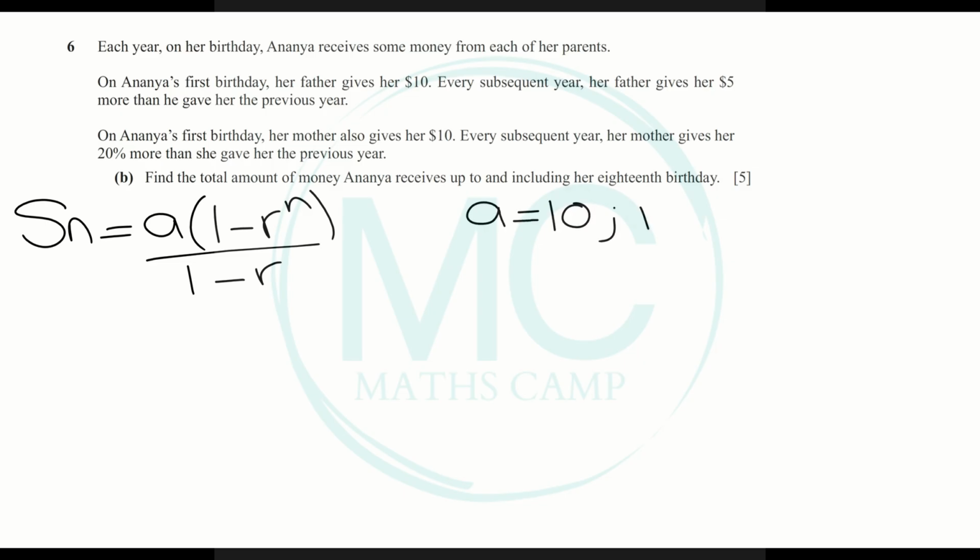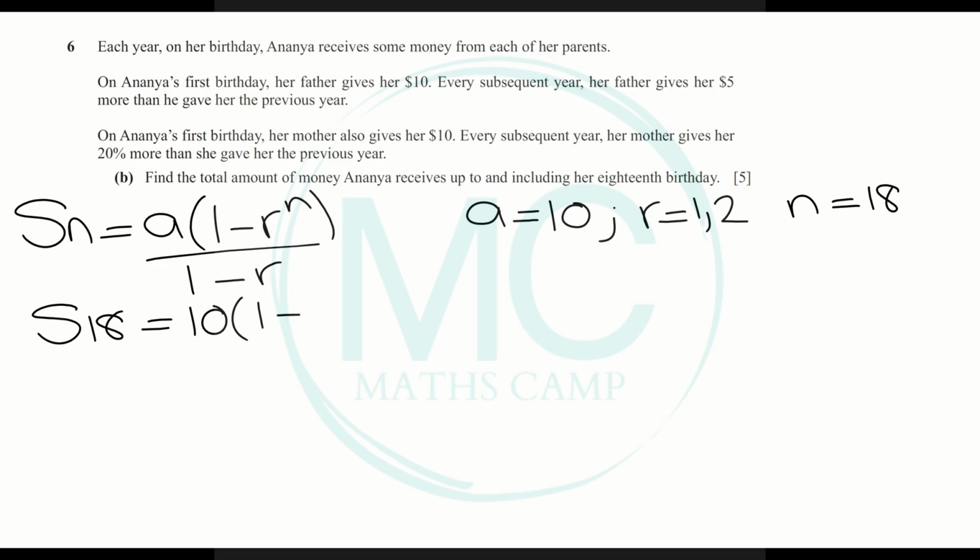We know that R is 1.2 and 18 years, so N is 18. So now we can say the sum of 18 years is equal to 10, open a bracket, 1 minus 1.2 with an exponent of 18, all over 1 minus 1.2. And you can put the whole fraction into your calculator.